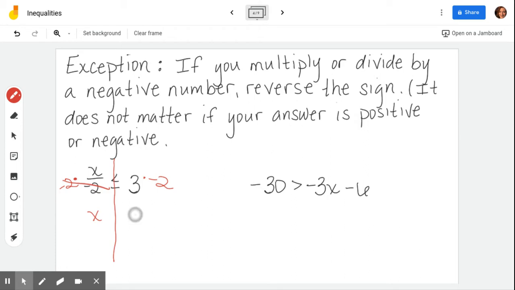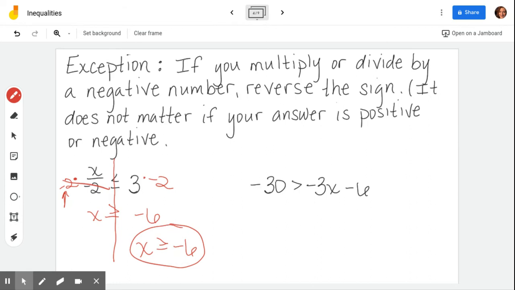Over here, I would get a -6, but check it out. Because I multiplied by a negative, when I bring that inequality sign down, I'm going to make it open on the other side. So my final answer is x is greater than or equal to -6. It has nothing to do with my answer being negative. It's because this step right here, when I had to multiply, I had to multiply by a negative.